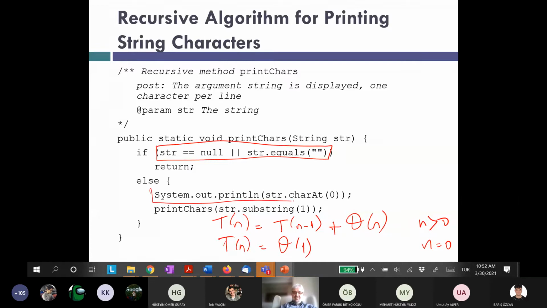We print out something in constant time, constant time, constant time. We calculate this substring, which is linear time, and print characters for this substring, which has n minus 1 characters, right? Printing these characters will take T(n minus 1) time, and the substring calculation is linear time, so we have linear time here.